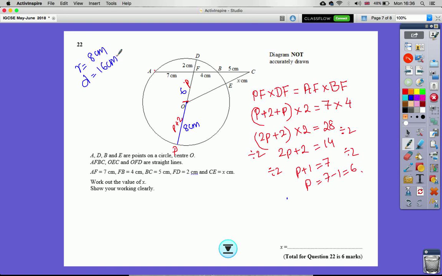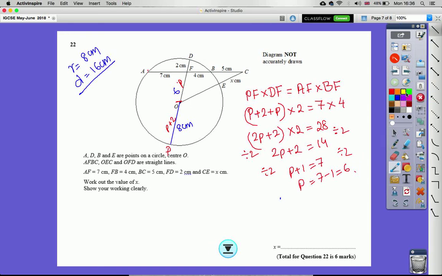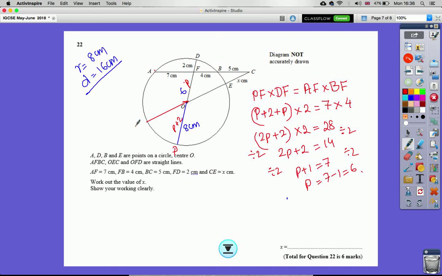Okay. So this is going to be important. We're going to use this information to work out the value of x. Now what I'm going to do is extend this line and I'm going to call it Q.